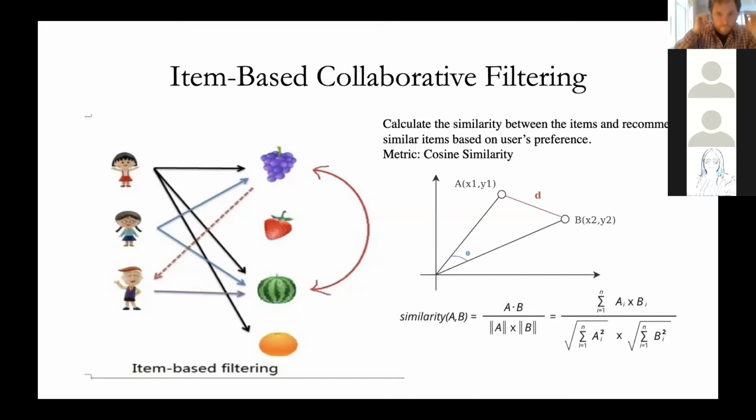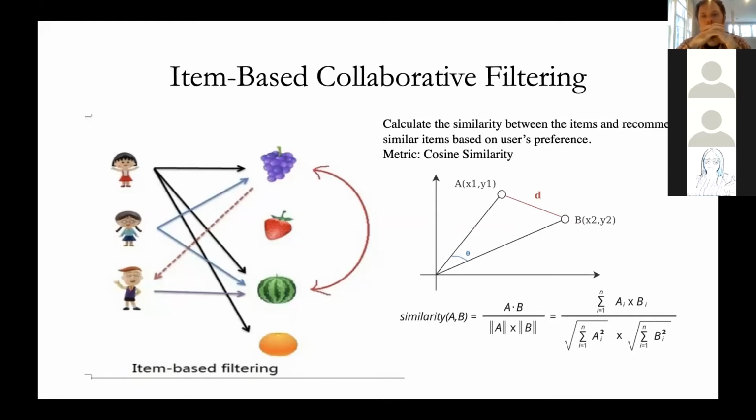If it's not clear, here's another example. When we go to Amazon, each time after we buy a product, Amazon will recommend similar products. They will say other people also bought this and recommend you buy this. That's the basic concept of item-based collaborative filtering. The metric we are using is cosine similarity. The angle between A and B we call theta. If theta is larger, cosine theta will be smaller, and then the similarity between A and B is smaller.